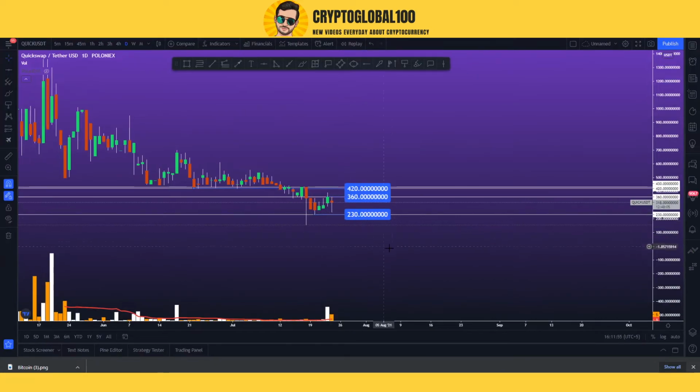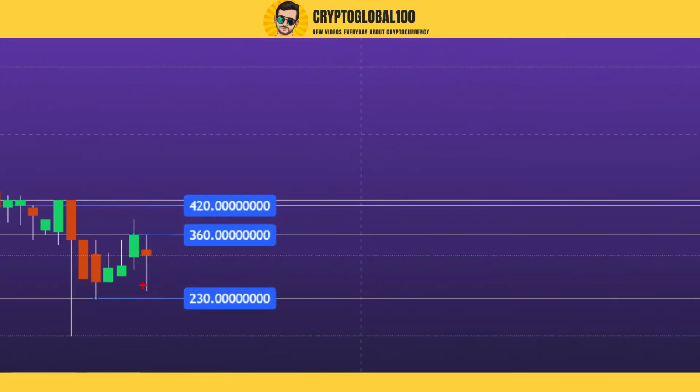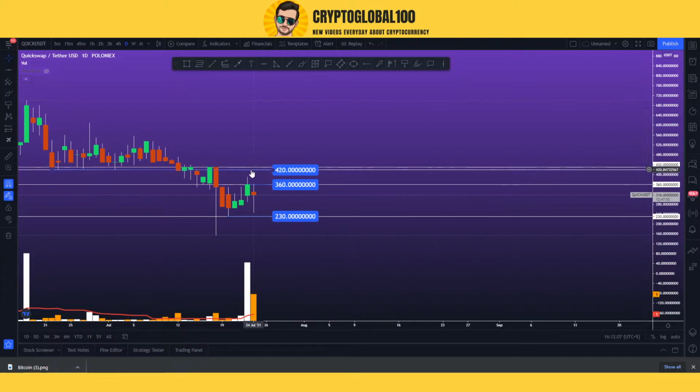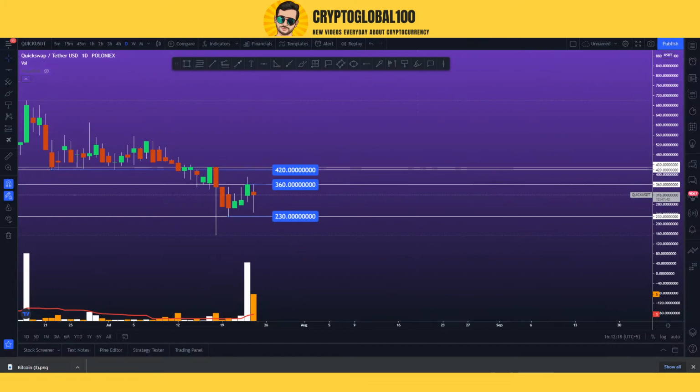So 360 is a good region. Okay, 360 is a good area of support. Any candle closing above 360 is going to give us a level. You can see it's going to move to 420. That would be the area of first resistance. That is the second resistance.